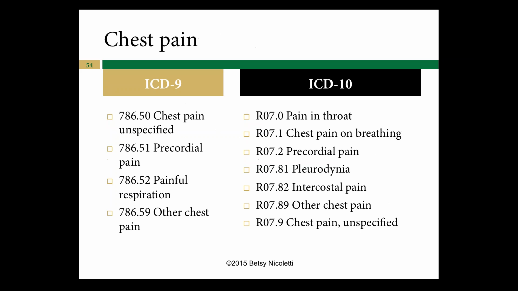Here we have the codes for chest pain. In ICD-10, it gets slightly more specific, but I don't think it's going to cause us too many problems. They've changed definitions. So if we look at, on the ICD-9 side, 786.52, painful respiration, I think that's going to cross exactly to R07.1, chest pain on breathing.